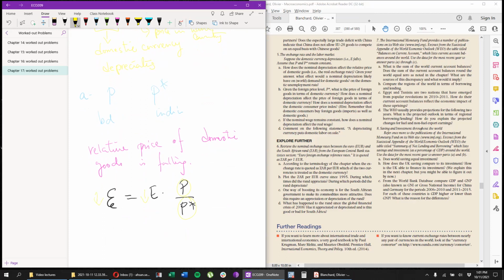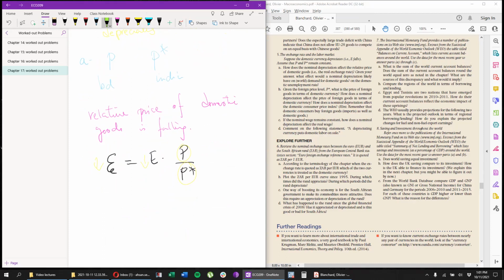So overall, this is falling. And so that is it. The relative price of domestic goods is falling.